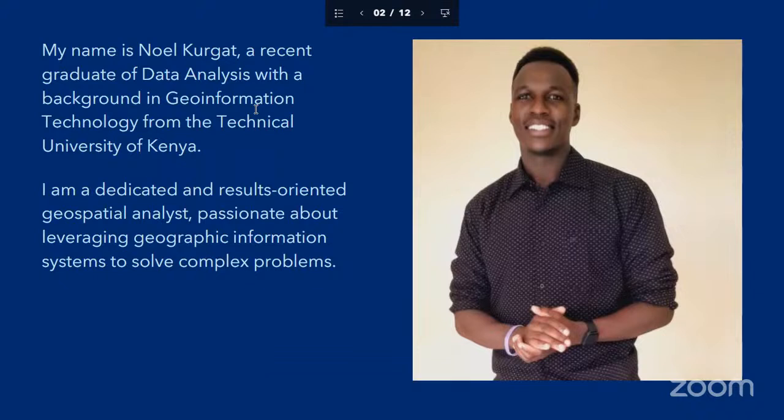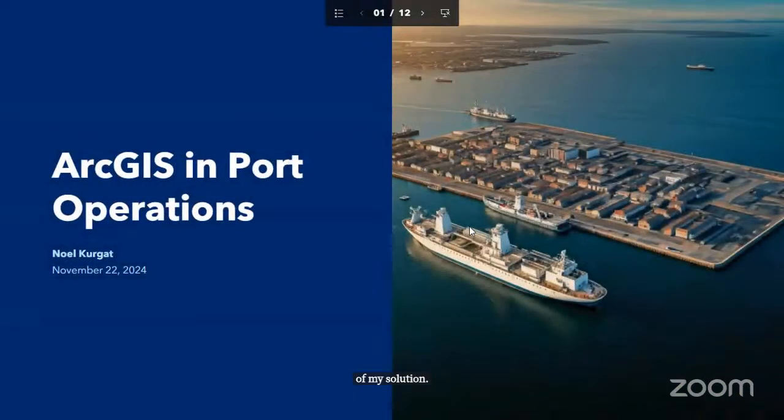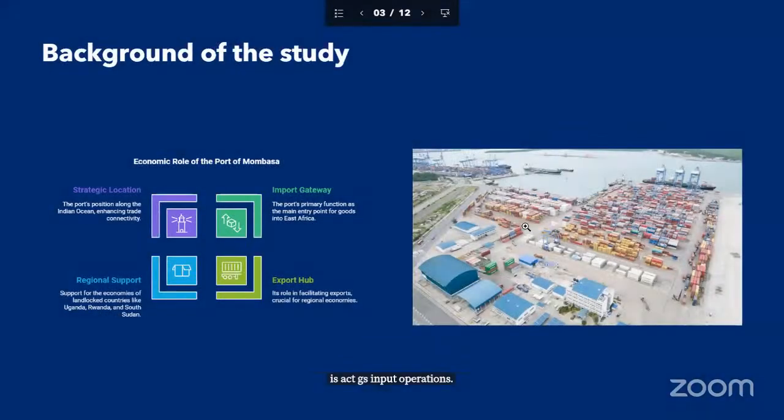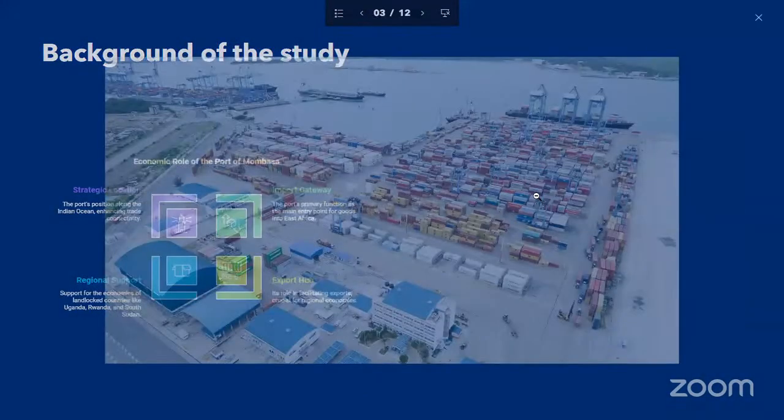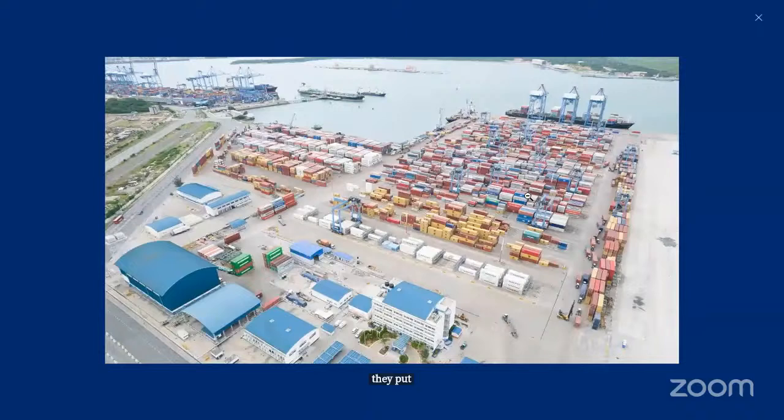The topic of my solution is ArcGIS in port operations. The port that I will be focusing on is the port of Mombasa. And this is an aerial image that shows how the port is structured.